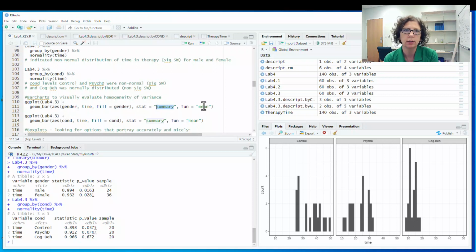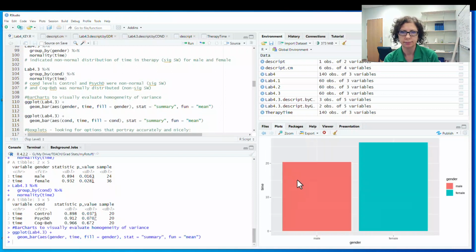Which one? The function of mean. Looks something like that. So instead of count on the side, now it's got average time spent in therapy for the male and the female.